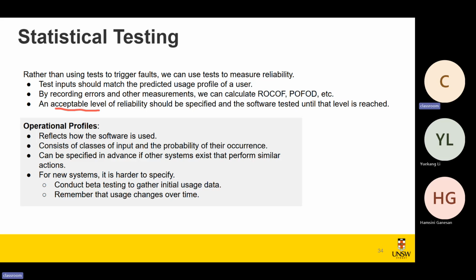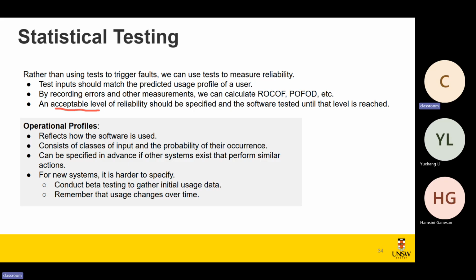in real life. For example, when we do testing, normally if our purpose is to find bugs, we try to use corner cases, right? But if we are trying to evaluate the reliability of the system, we shouldn't just care about the corner cases. That's because in real life, most of the time people are using the normal use cases, right?